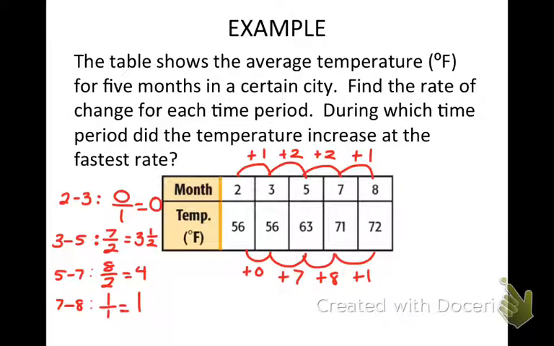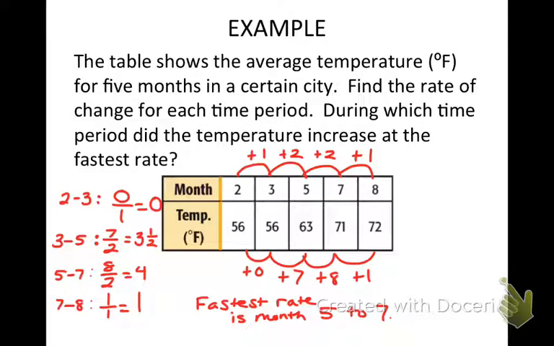So for which period did the temperature increase at the fastest rate? 5 through 7. Does everybody see that? Because that's your largest. So the fastest rate is month 5 to 7. Okay, so your fastest rate of change is 5 through 7.